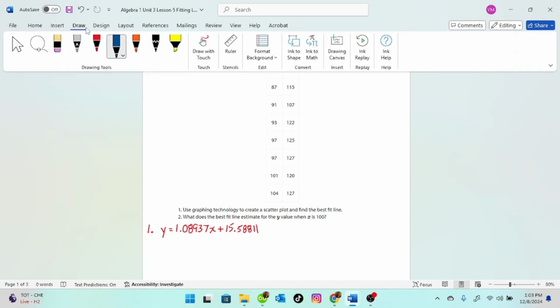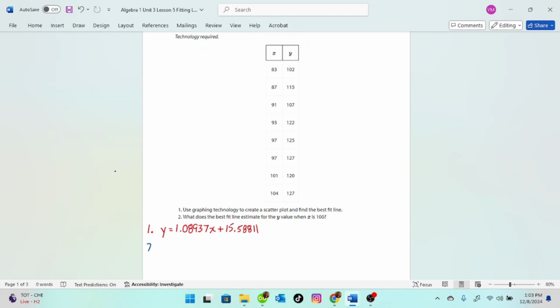For number 2, it wants to know, what does the best fit line estimate for the y value when x is 100?